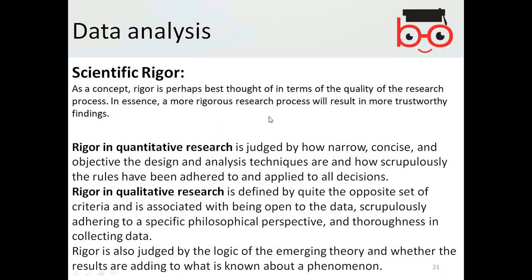Another topic during the data analysis is the scientific rigor concept. Rigor is perhaps best thought of in terms of quality of research. When you talk about the quality of research, then you talk about the rigor of the research process.